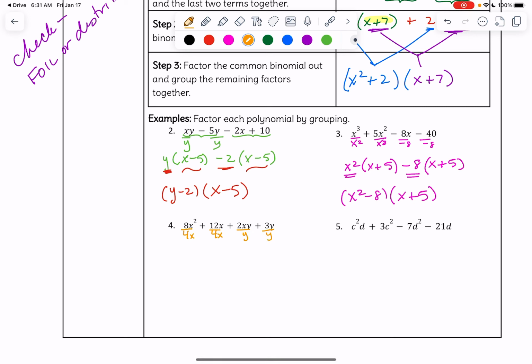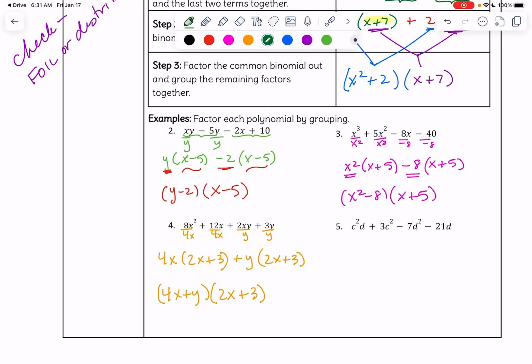So that leaves me with 4x times 2x plus 3 plus y times 2x plus 3. So then I take my outside terms, 4x plus y, and I multiply them times the other common term in parentheses, 2x plus 3, and I have factored my polynomial.